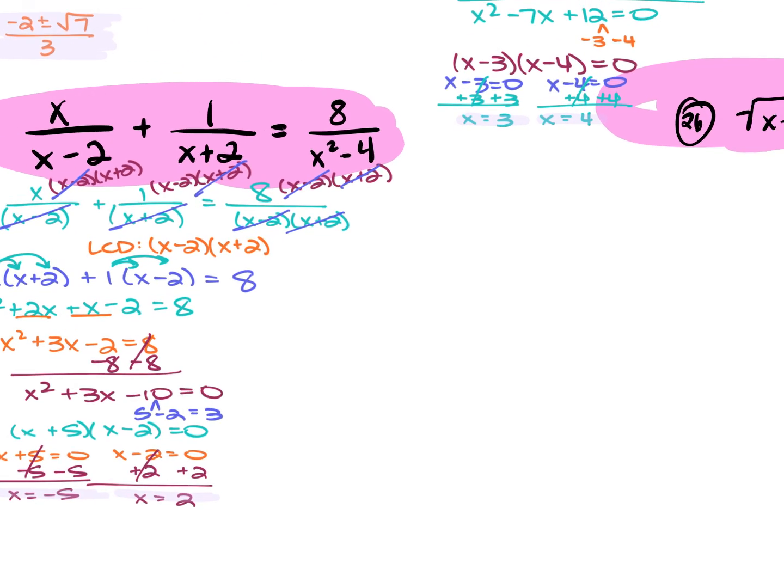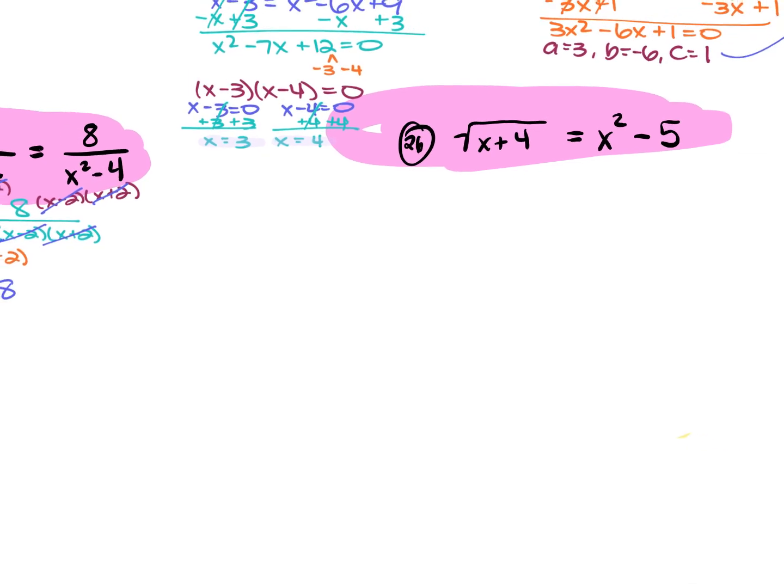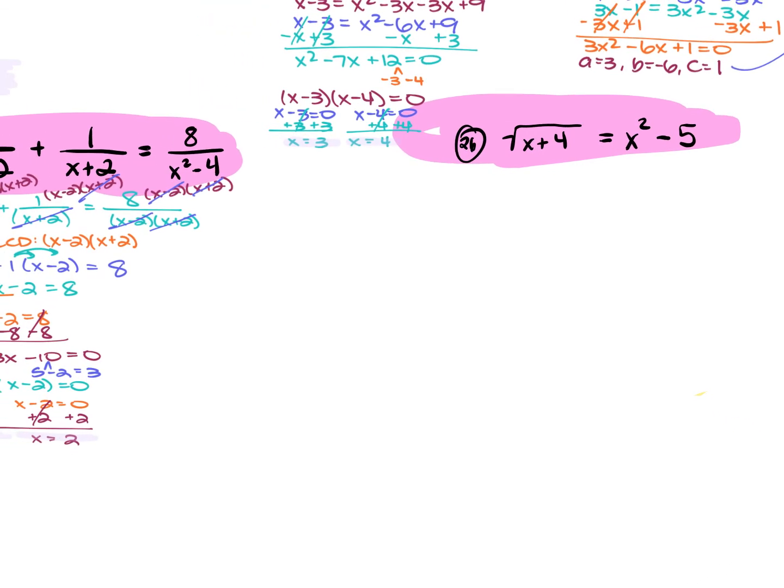All right, so for number 26, we have the square root of x plus 4 is equal to x squared minus 5. Is your radical isolated? Yes. So raise each side to the power of its index. We're working with the square root, so its index is automatically a 2. We'll square both sides here.